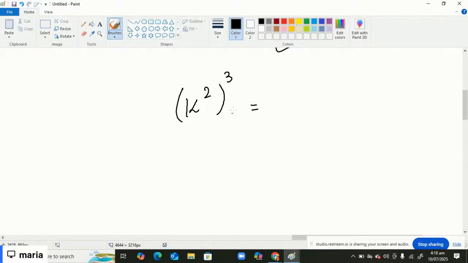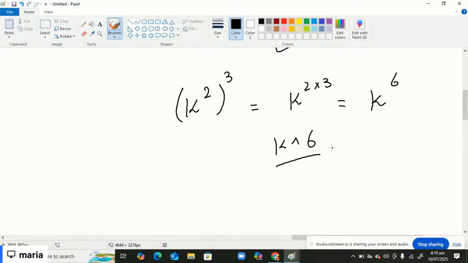Sometimes they are not using brackets, they are just putting the number. So what we do is simply multiply these two numbers with each other. 2 times 3, and then we write our answer k to the power of 6, or otherwise you can also put it in that form. Okay, this is also the answer.